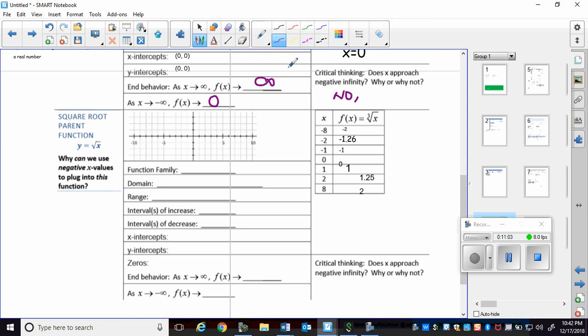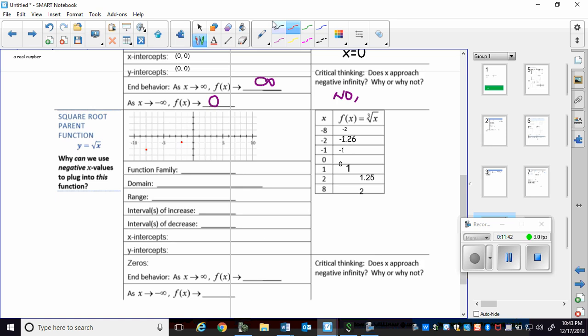So I'm just going to graph these numbers. For -8, left 8, down 2, and I make a point right about here-ish. Then (-2, -1.26), so left 2, down 1.26, right about here-ish. Let me make sure I did that right. I need to go down one more, right down here. There we go.